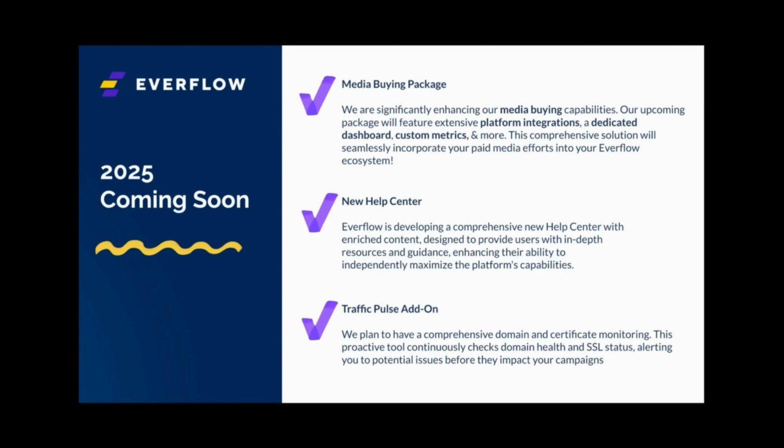So if you are interested in this kind of feature, like promotional banners within the affiliate UI based on your requirements, please reach out to support, and we're going to be happy to discuss it further with you.